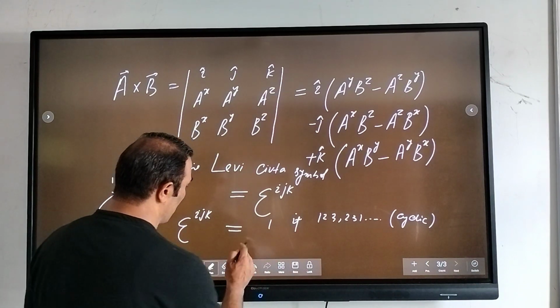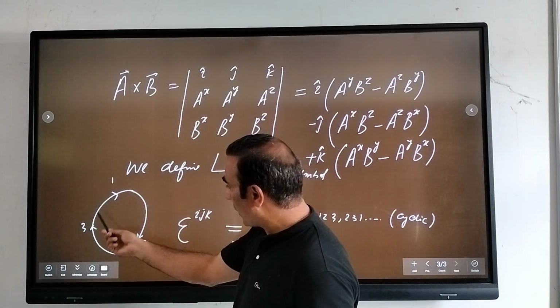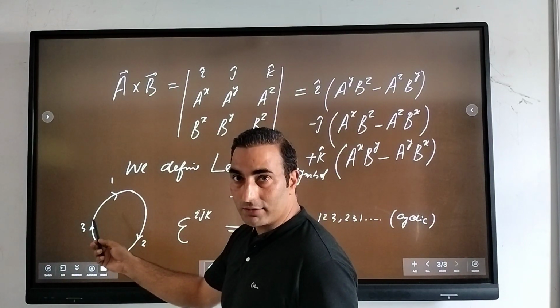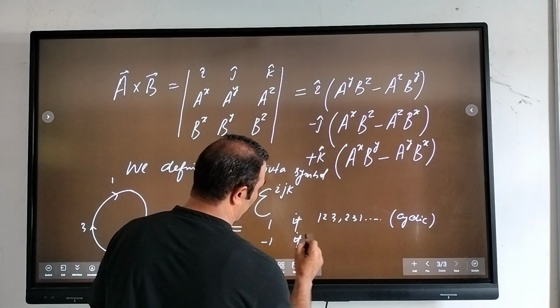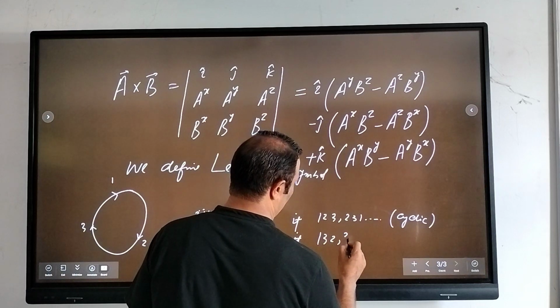Now if it is anti-cyclic order, that means 1, 3, 2 or 3, 2, 1, then it is equal to -1.